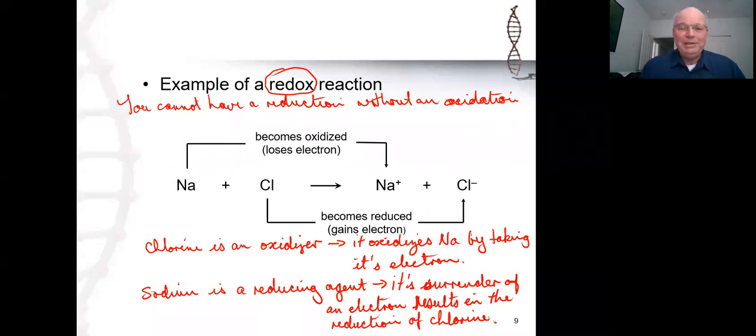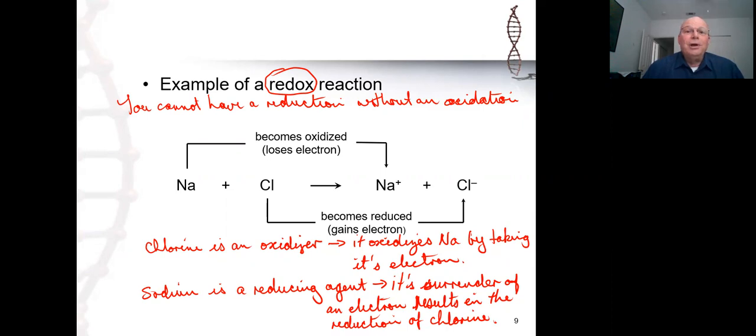So accepting that electron, gaining the energy or gaining that electron, is not only a reduction reaction, but now we have to think of it as an endergonic reaction. Energy is being supplied to it in the form of that electron.